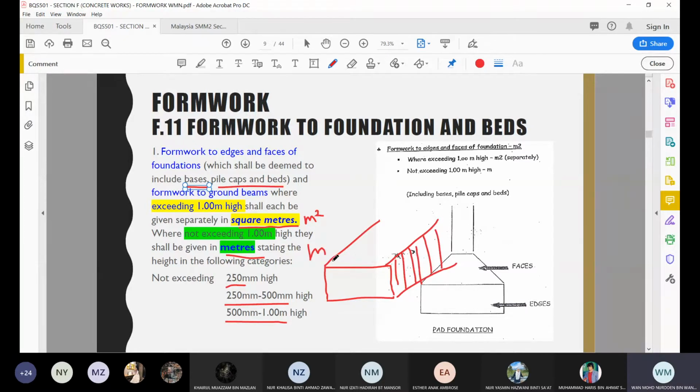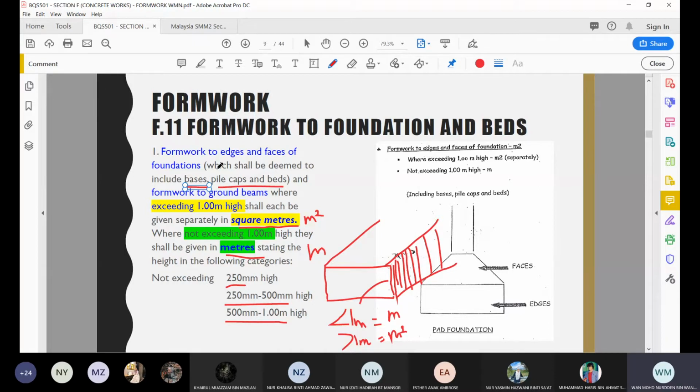Kawasan ni kita punya formwork. So formwork ni, kalau less than 1 meter, it should be in meter. Kalau more than 1 meter, it should be in meter square.